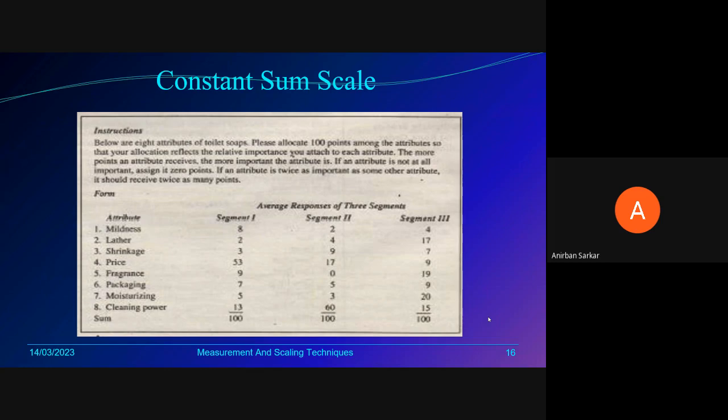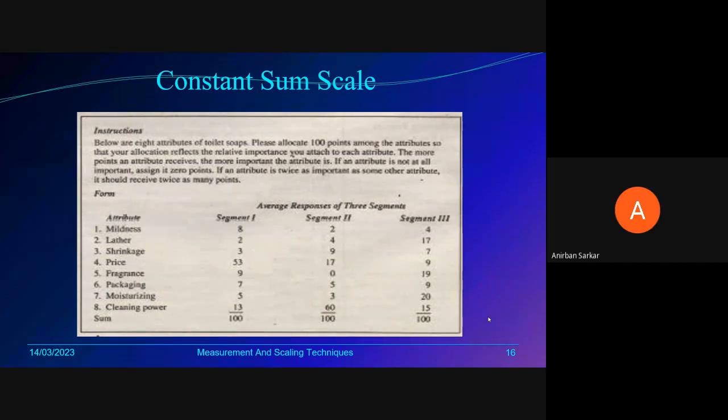Can anyone tell me how you can draw inference? So the people in segment one are more money centered. I mean, they value money over cleanliness, and the second part is cleanliness. Cleanliness matters for them.